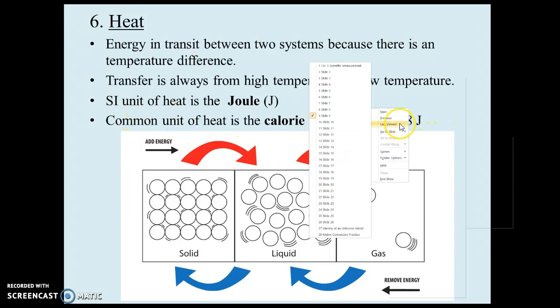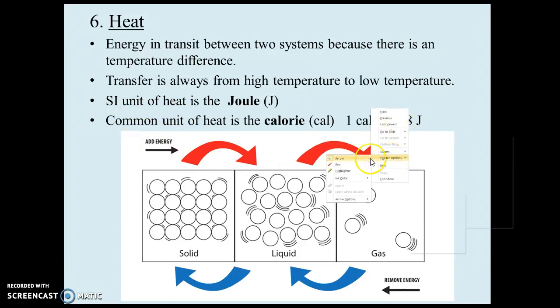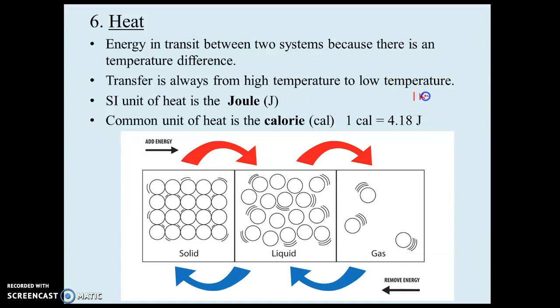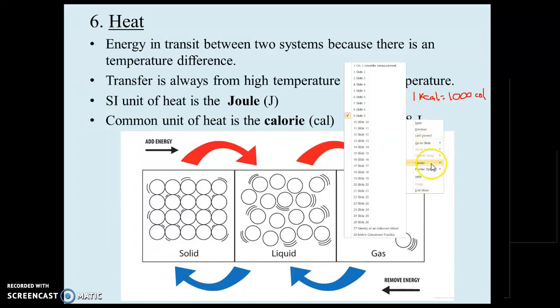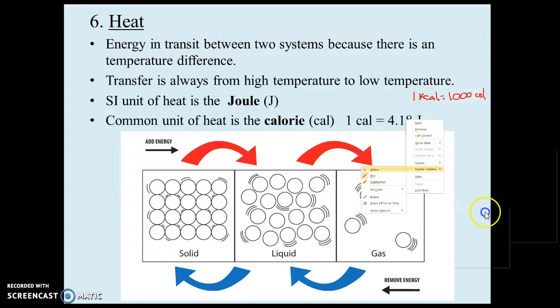So that means that if it's a kilocalorie, let's put a K for kilo, 1 kilocalorie is equal to 1,000 calories. They just abbreviate it calories on your food labels just to make it easy, but 1 kilocalorie is actually what a calorie is on your food label. So it's on the same scale, just a little bit different.